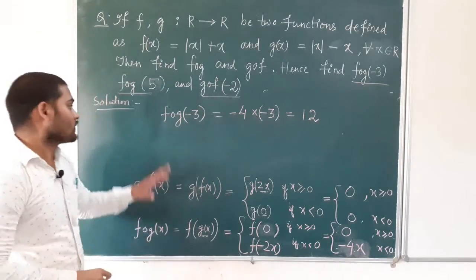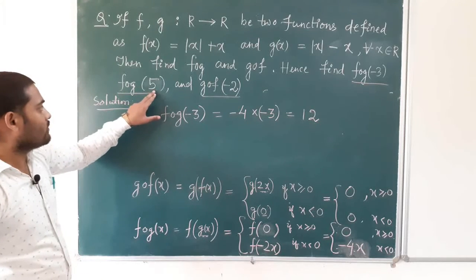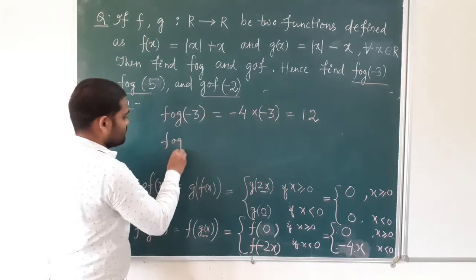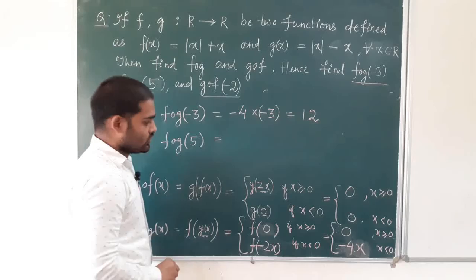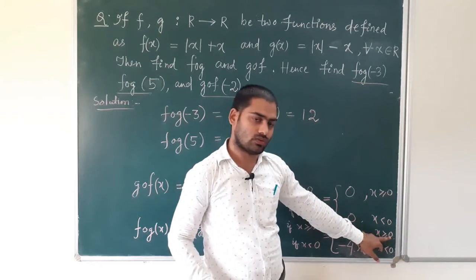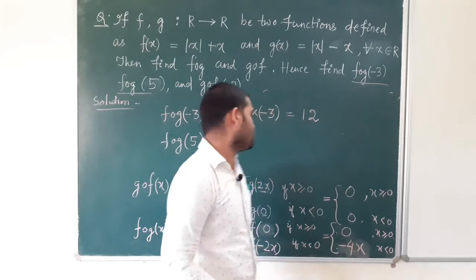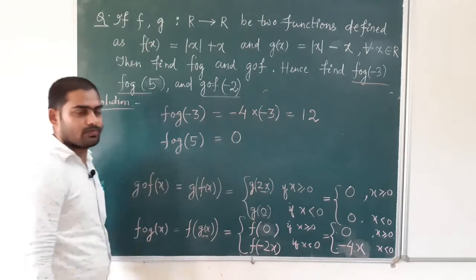Now fog of 5. When x is greater than or equal to 0, that time it is 0. So this value is 0.